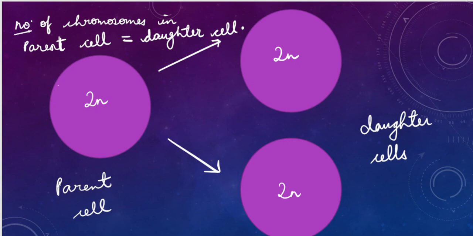Okay, so the number of chromosomes is equal in the parent cell and in the daughter cell, right? So this is a very important point here: the number of chromosomes is equal.